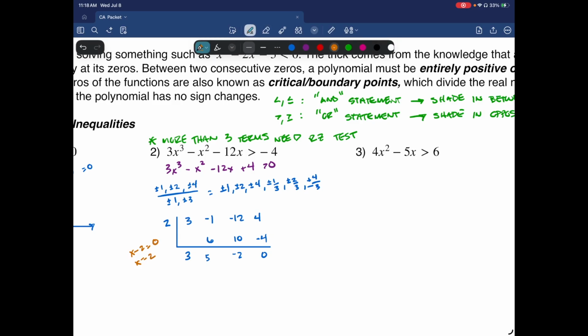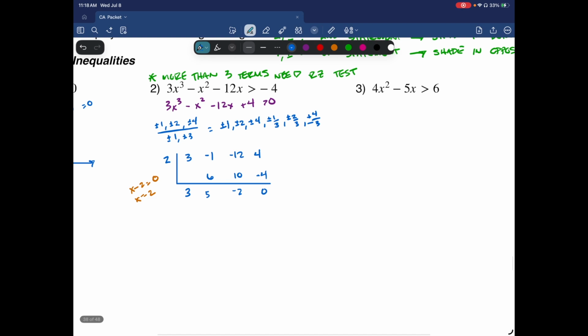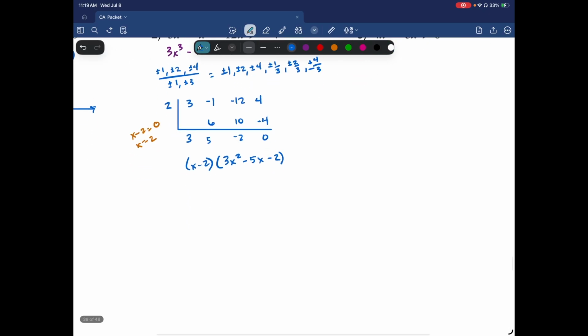So if I go back in the other direction, I know that my root there is going to be x minus 2. And then the 3, 5, and -2 are going to give me 3x squared minus 5x minus 2. Then you would factor that. You would use the AC method to do that.